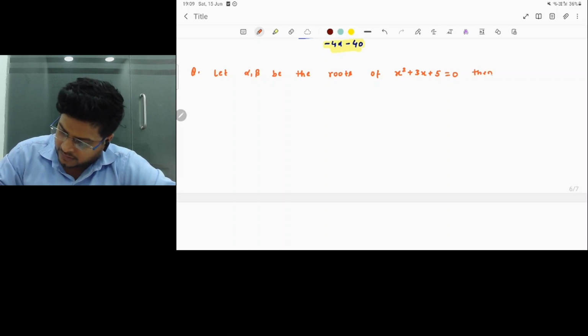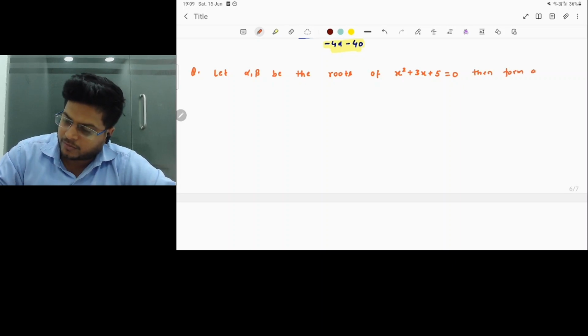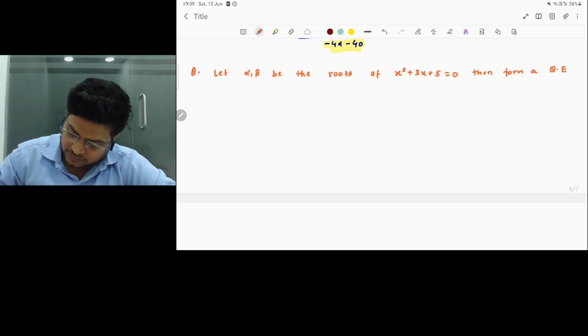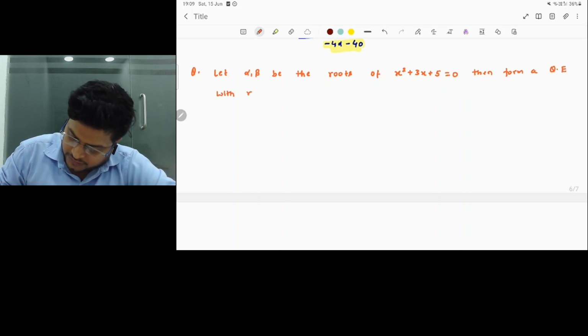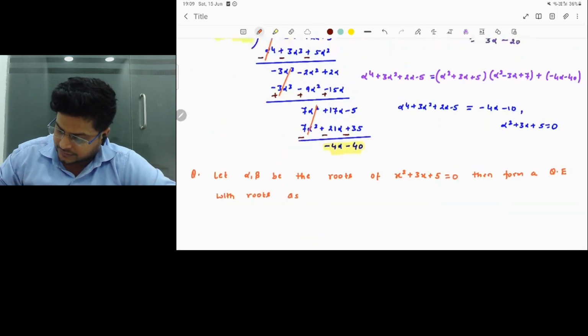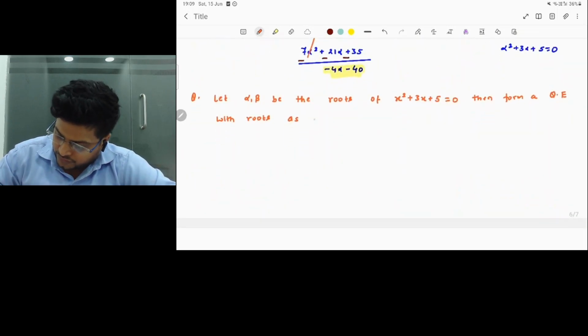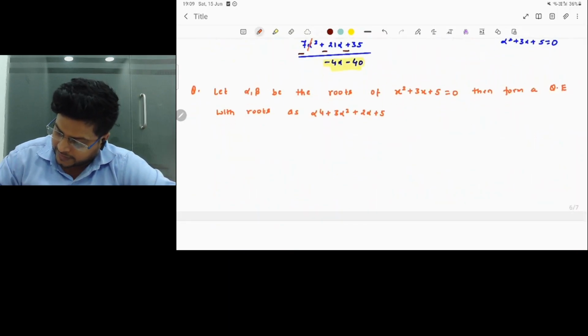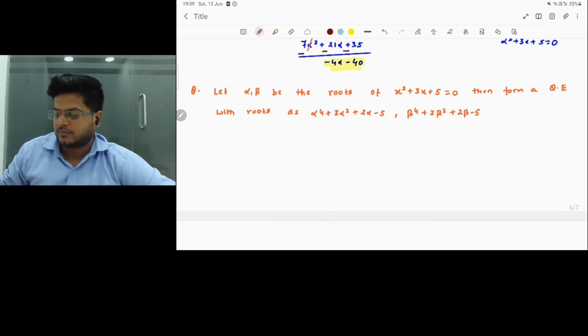Then form a quadratic equation with roots as alpha to the power 4 plus 3 alpha square plus 2 alpha minus 5, beta to the power 4 plus 3 beta square plus 2 beta minus 5.